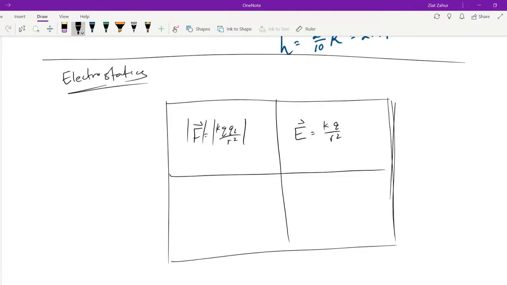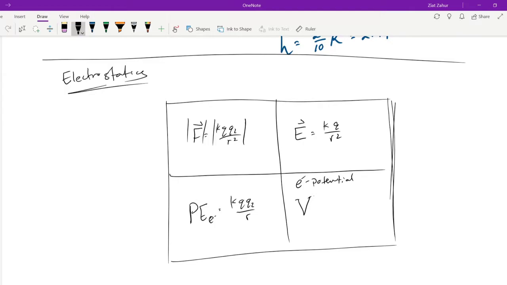And of course, this is for point-like charges. Then we have potential energy, which is k q1 q2 over single r, and then we have electric potential, not voltage, but potential.